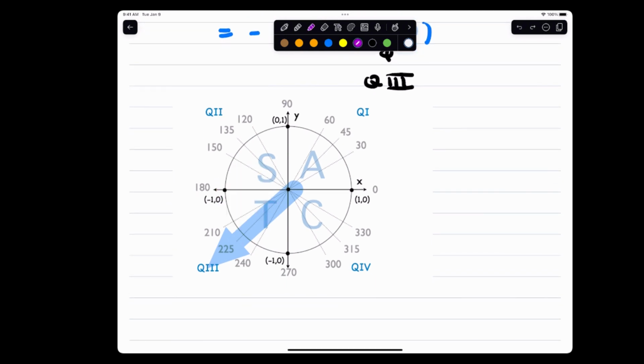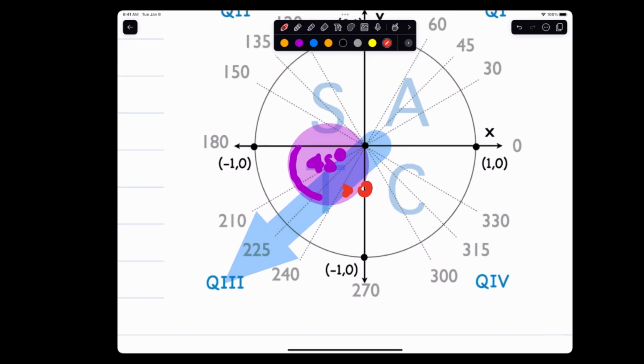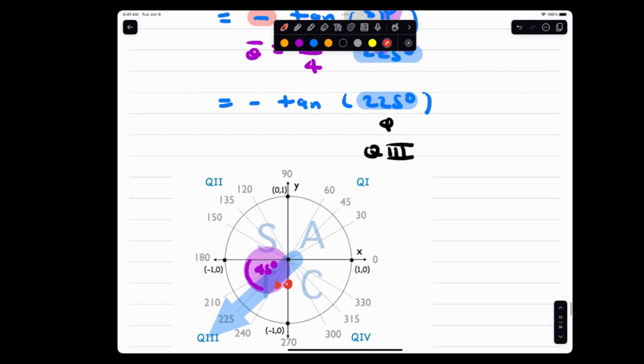The reference angle is for quadrant 3 right here, right? Can you guys tell me what angle does that have to be? It's a 45-degree angle. Good. And what do you guys know about tangent? Tangent is positive, because it's quadrant 3. All students take calculus. So we're saying this tangent is positive.